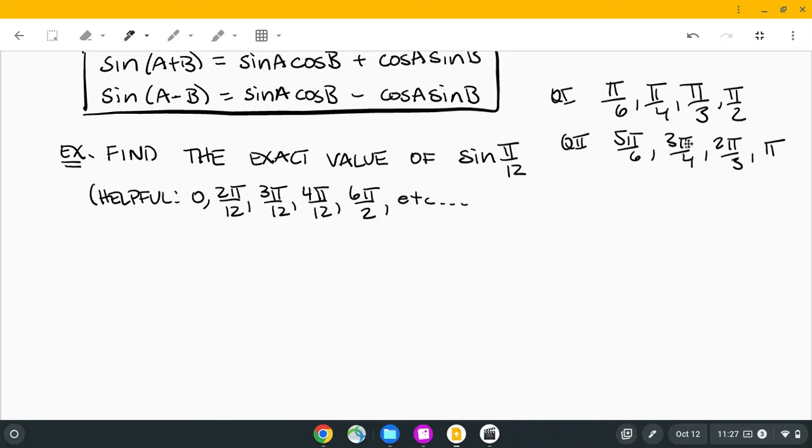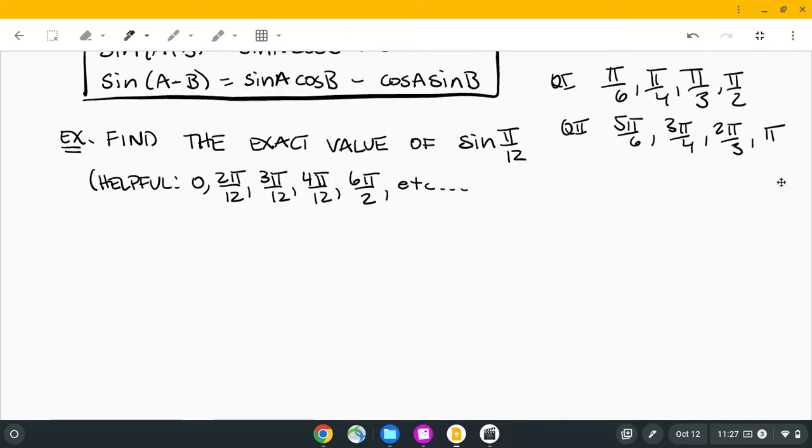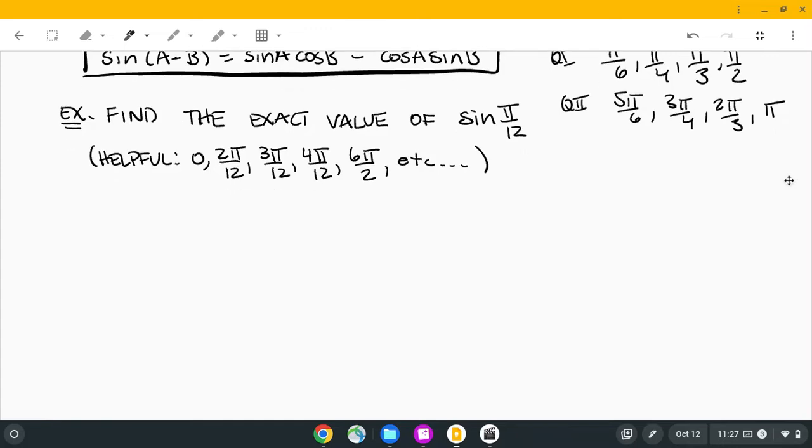Okay. So you could just, again, get these to be 12. So multiply by 2, you get 5 twelfths. Multiply by 3, you get 9 twelfths. Multiply by 4, and you would get 8 pi over 12.